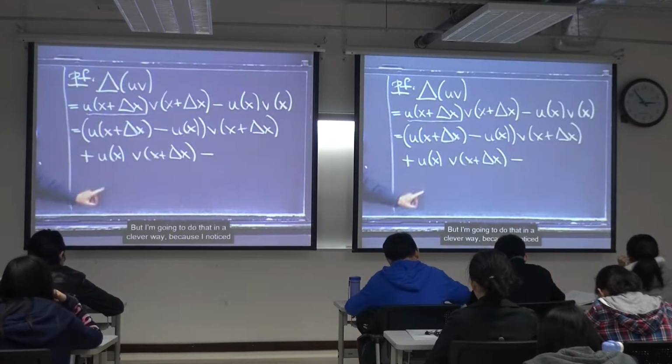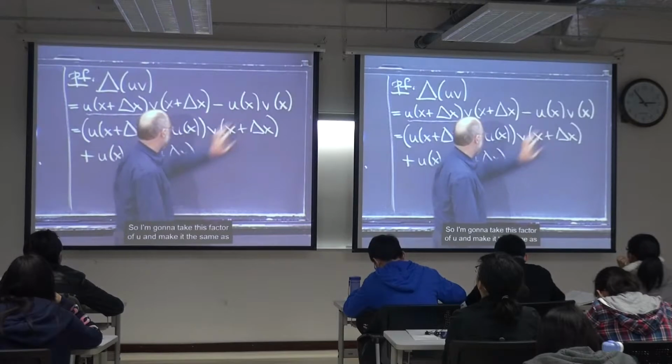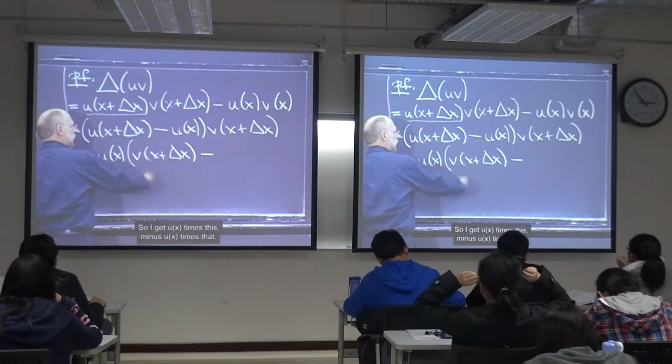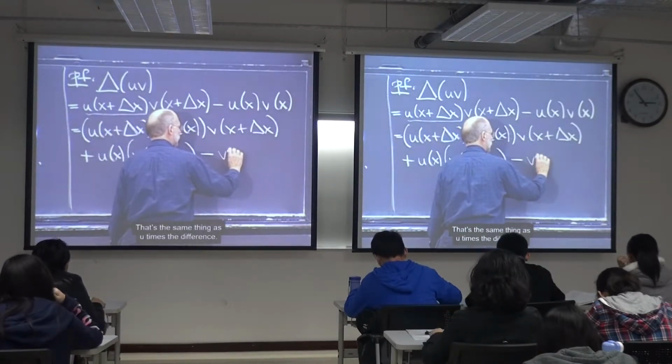But I'm going to do that in a clever way because I notice that we already have a u here. So I'm going to take this factor of u and make it the same as this factor. And so I get u of x times this minus u of x times that. That's the same thing as u times the difference.